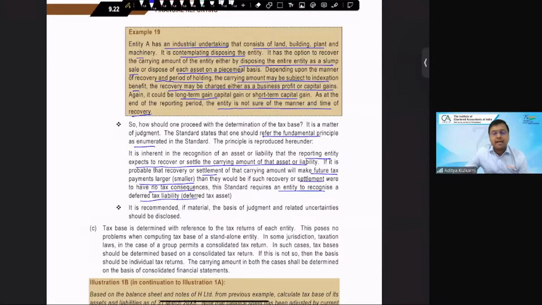What they are trying to say is, my fundamental principle is I want to recover the cost of my asset or I want to settle my liability. If this recovery of cost or settlement of liability will have future tax consequences, then you will have to determine the deferred tax asset or liability accordingly.